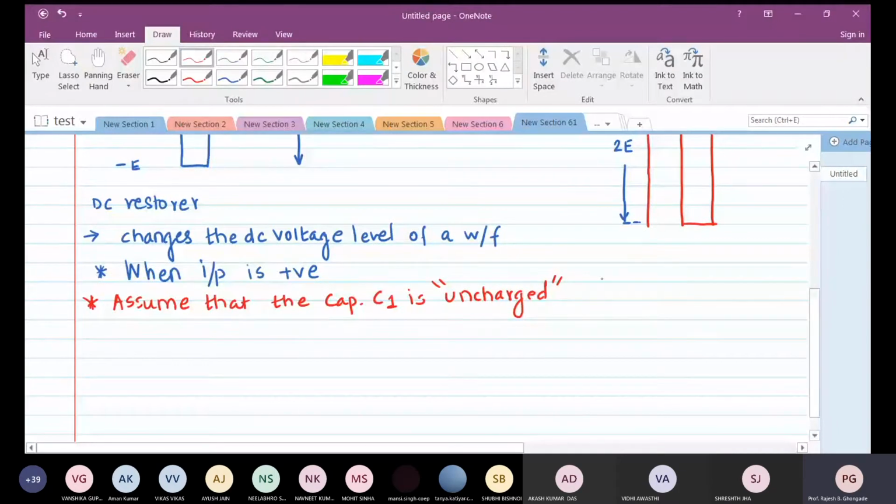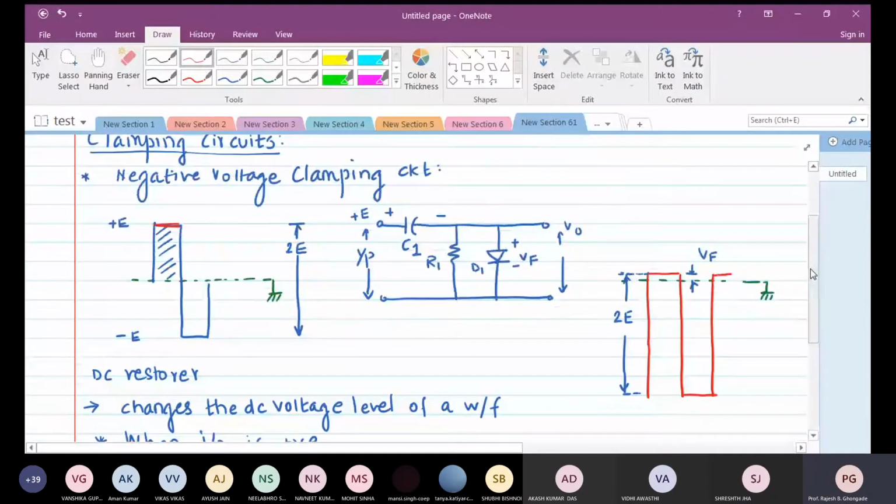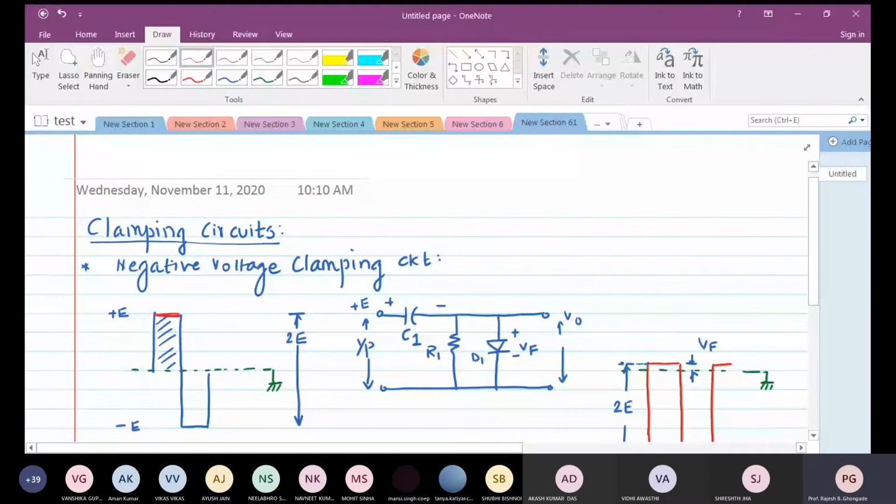This is a very, very important concept. So in the very first cycle, we assume that the capacitor is not charged, so it acts as a short circuit.